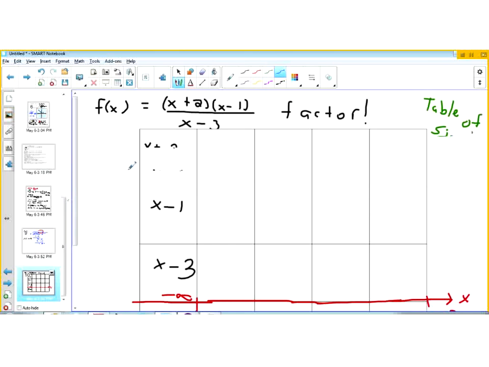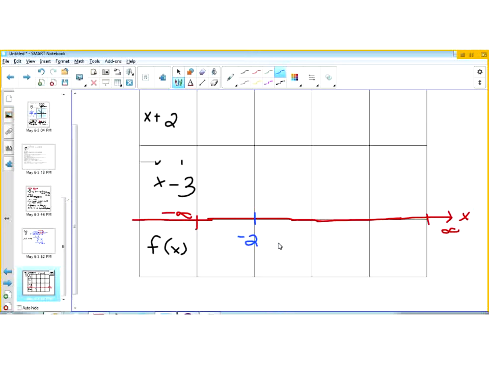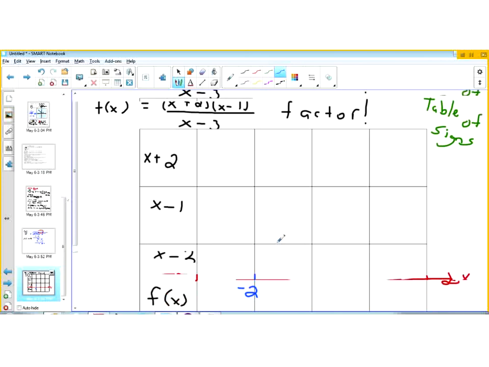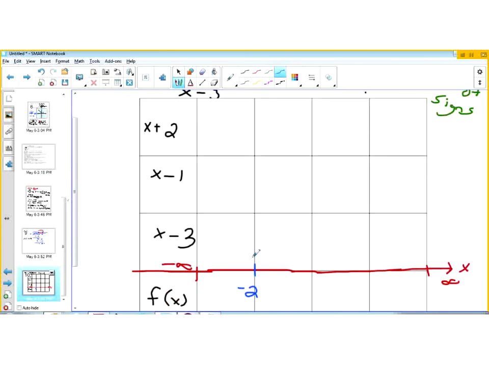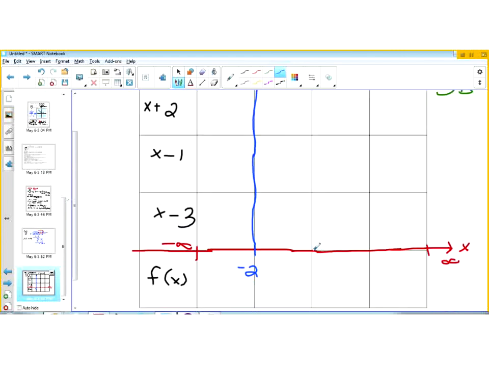All right, the next thing we want to do is we want to identify the zeros of each of the prime factors. Okay, so the 0 of x plus 2 is minus 2, and then we'll plot it on the x-axis. Now, since negative 2 is in the domain of the function, we want to fill this in with a solid line like this.